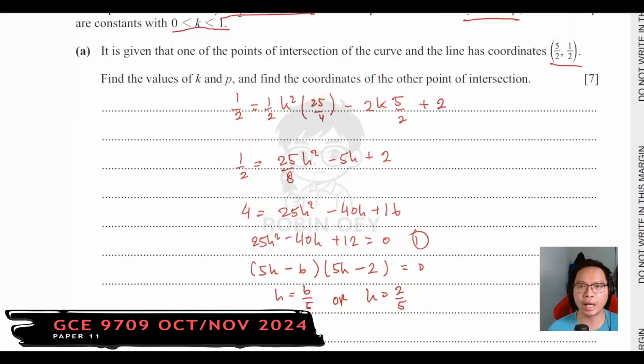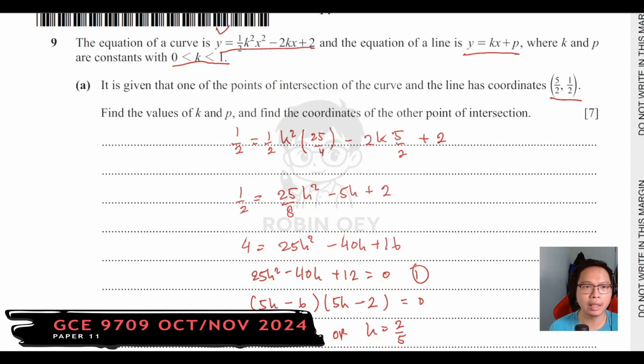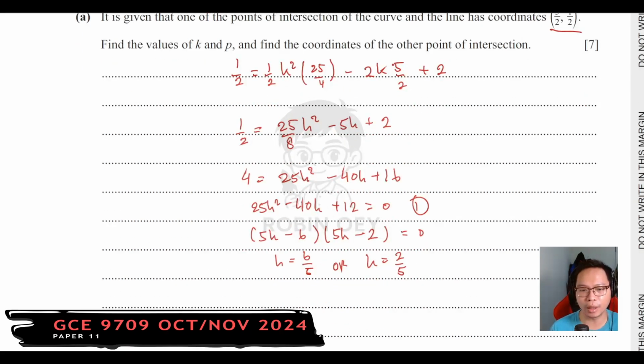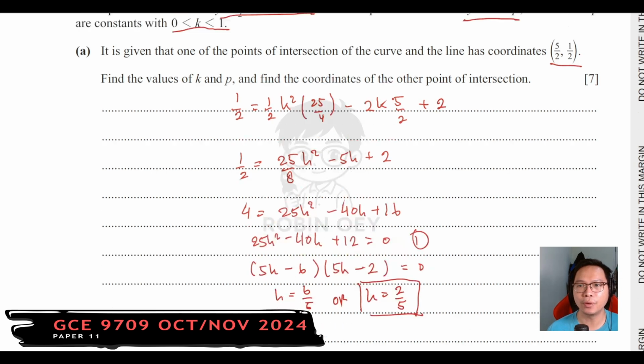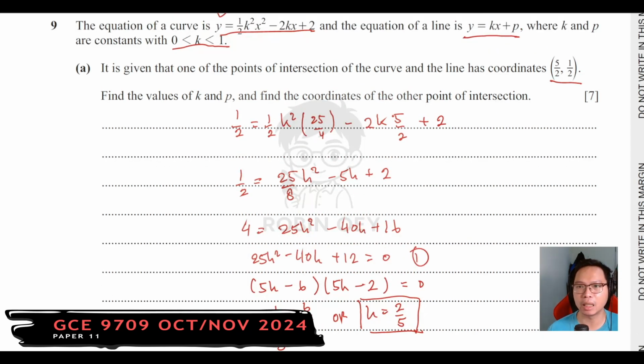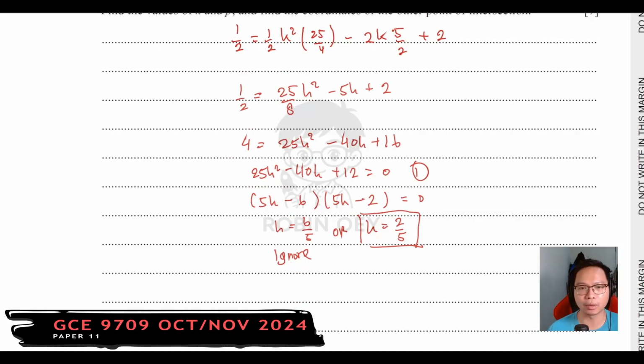Now, we have a condition previously that the constant k must be in between 0 and 1. So we ignore this. So the k would be 2 over 5. Now, to find the p, since we already have the k, we just input. We use the y. So I just separate this.